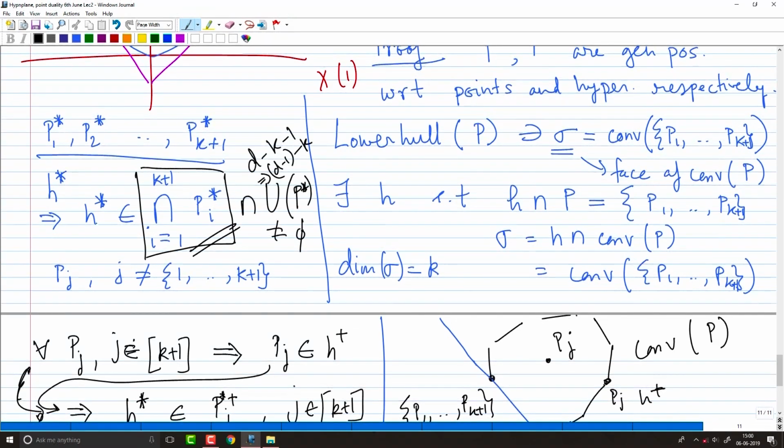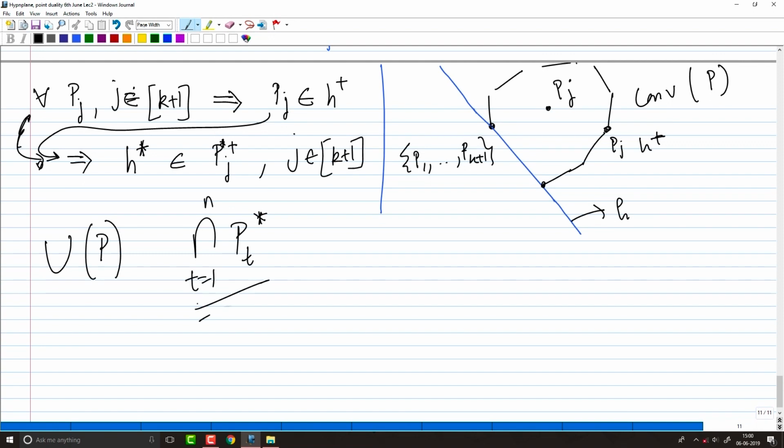This point H star lies on the hyperplanes Pi star, and it is in the interior of the other half spaces. This obviously belongs to this object, right. For 1 to K plus 1, Pi star, it is on the hyperplane. For the rest, it is interior.